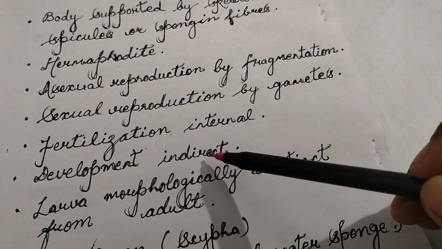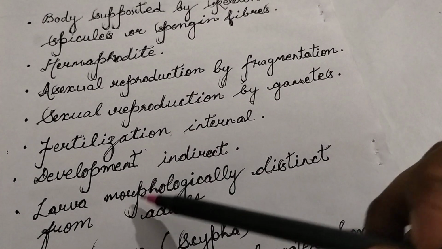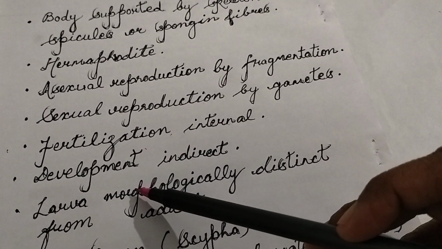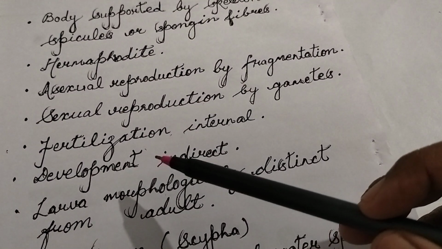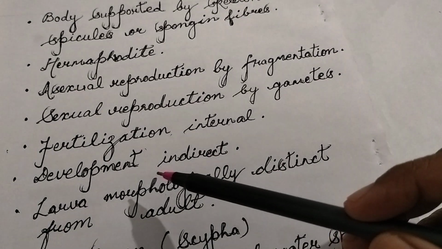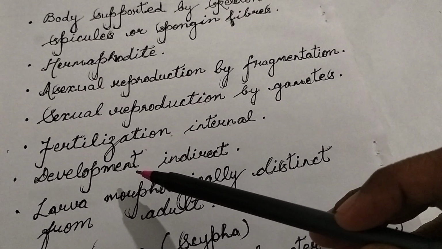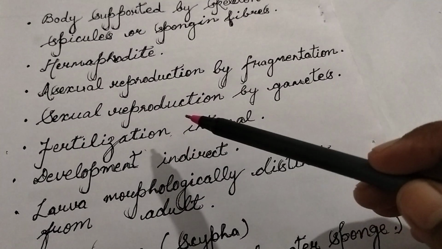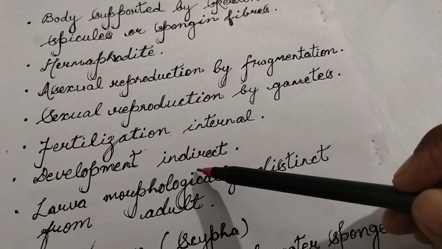And what do we mean by indirect development? Indirect development means there is a larval stage between the zygote and the adult, an intermediate stage of larva that exists in some organisms. Those organisms which first form a larva and then an adult show indirect development.